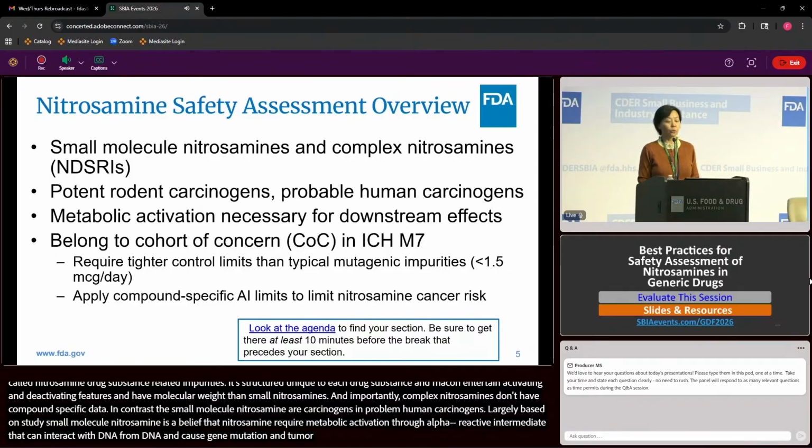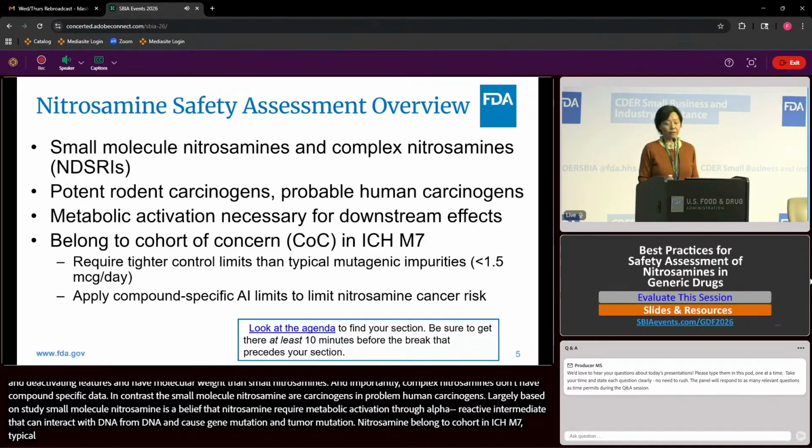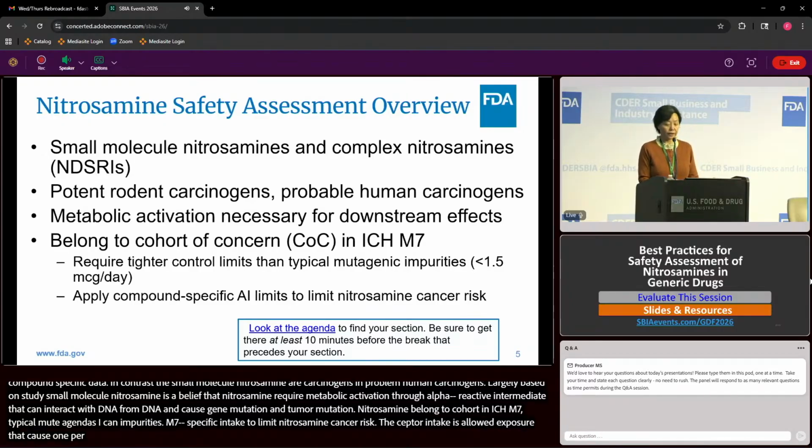Nitrosamines belong to the cohort of concern in ICH M7 and require tighter control than typical mutagenic impurities. M7 applies a compound-specific acceptable intake (AI) to limit nitrosamine cancer risk. The acceptable intake is the allowed exposure that causes a 1 in 100,000 cancer risk over a lifetime.